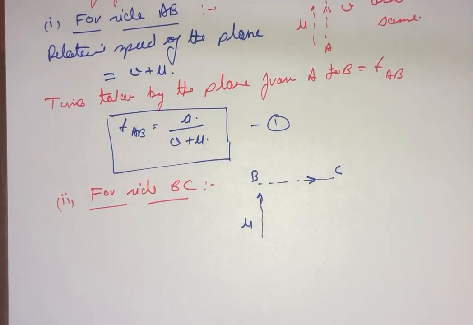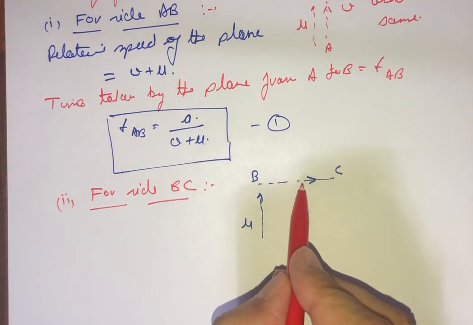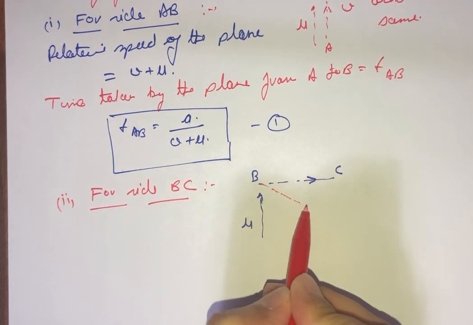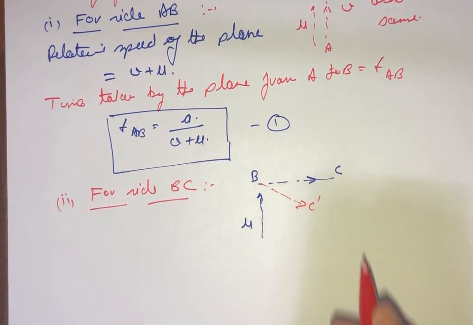So in order for the plane to actually fly along BC, it should fly at an angle with BC. Let us call this C prime.